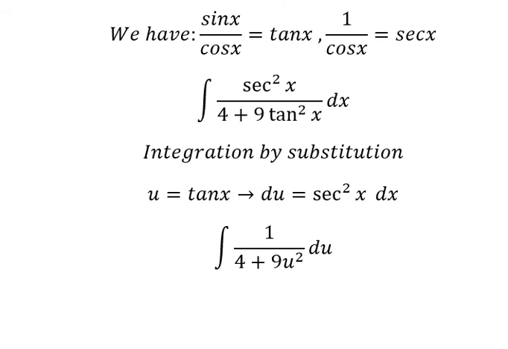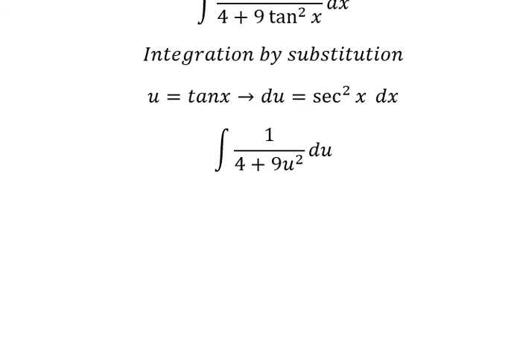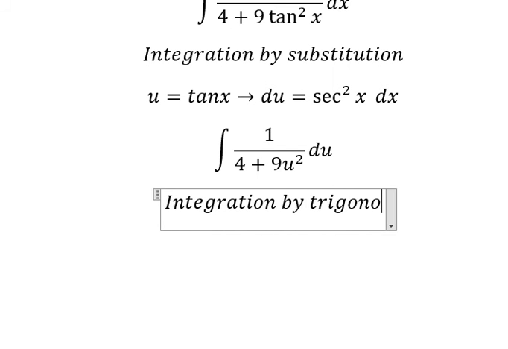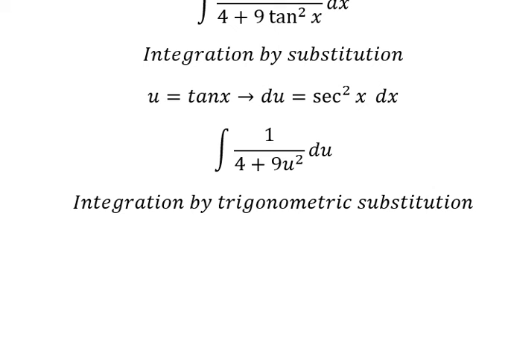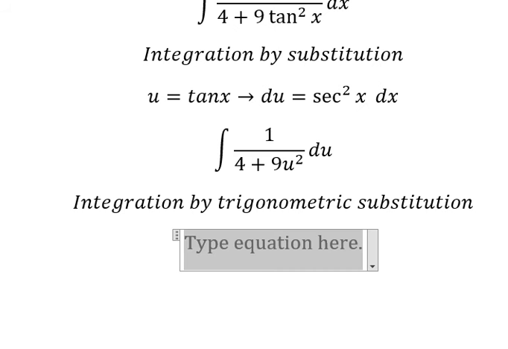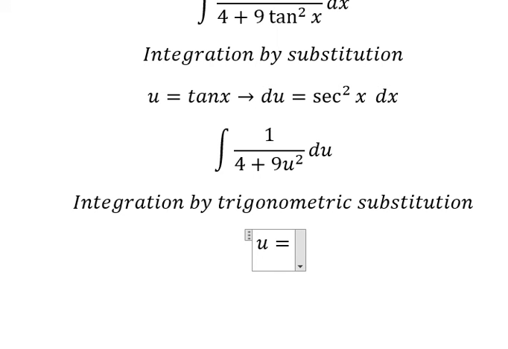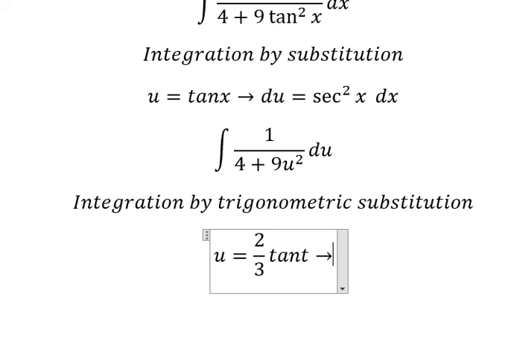Now we can use integration by trigonometric substitution. So I need to put u equals 2 over 3 tan t.